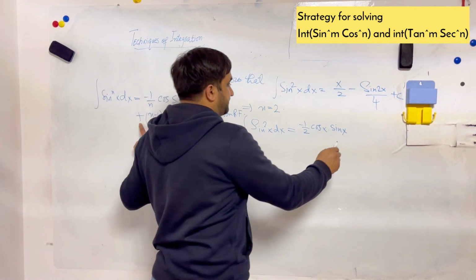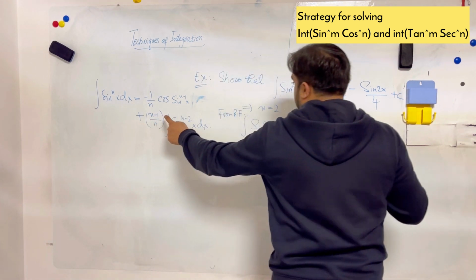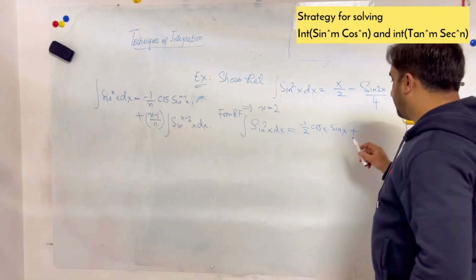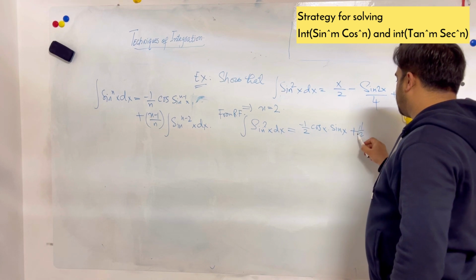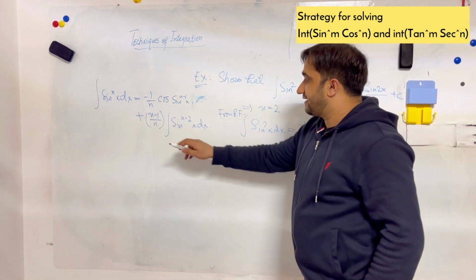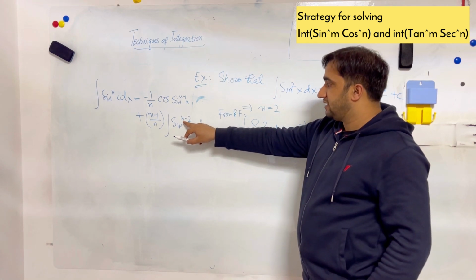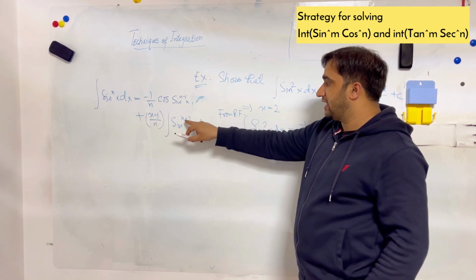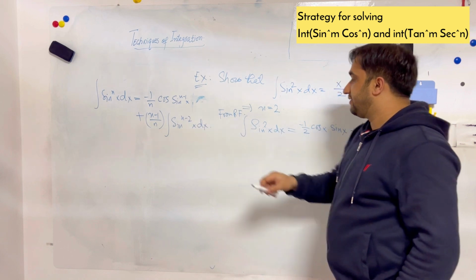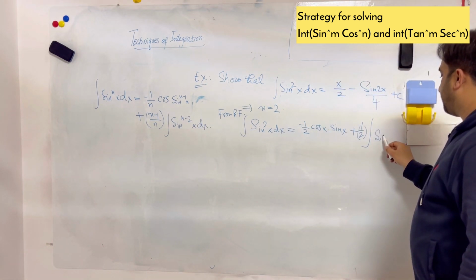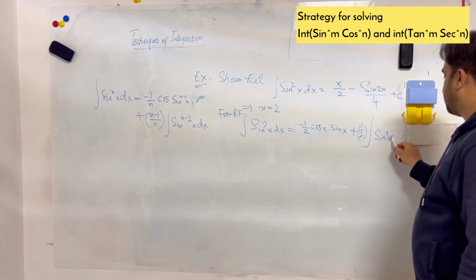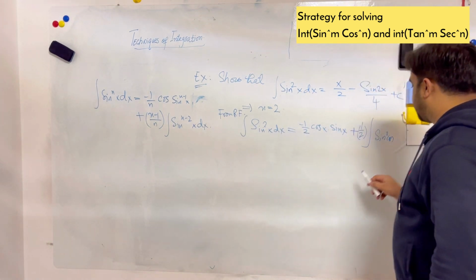plus n minus 1 means 2 minus 1 divided by 2. So it will be 1 by 2 integral sine raised to the power n minus 2, means 2 minus 2 because n is 2. So it will become sine raised to the power 0 x dx.